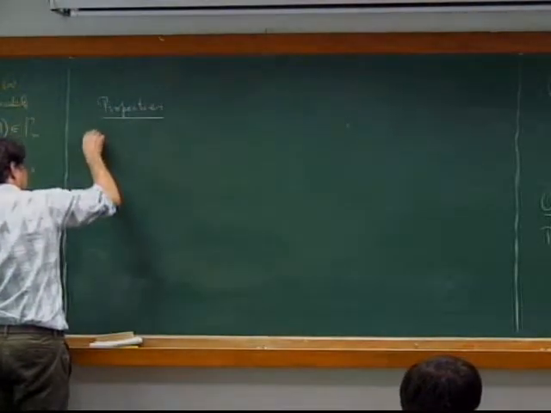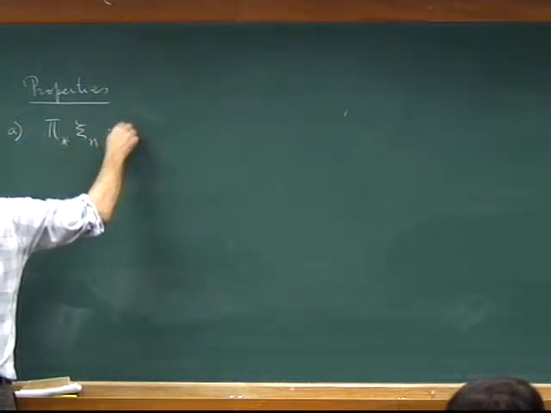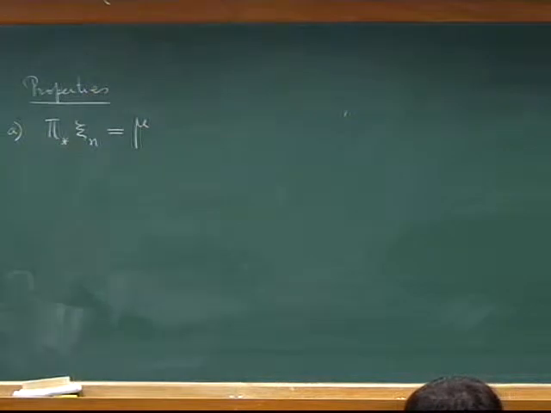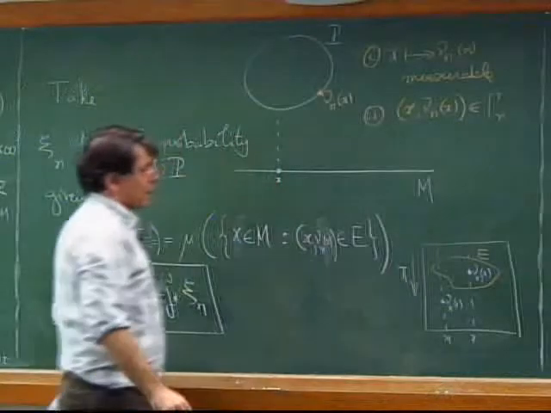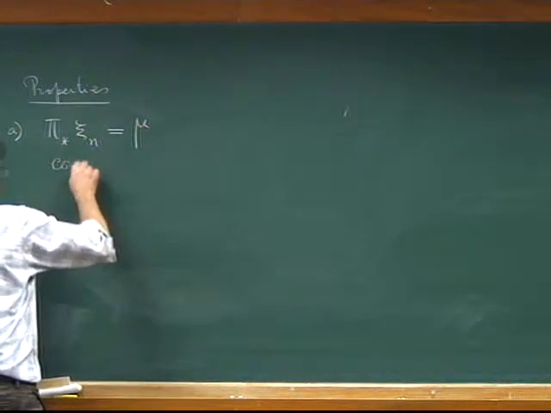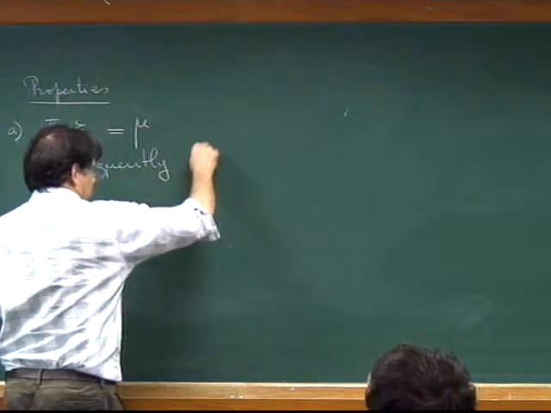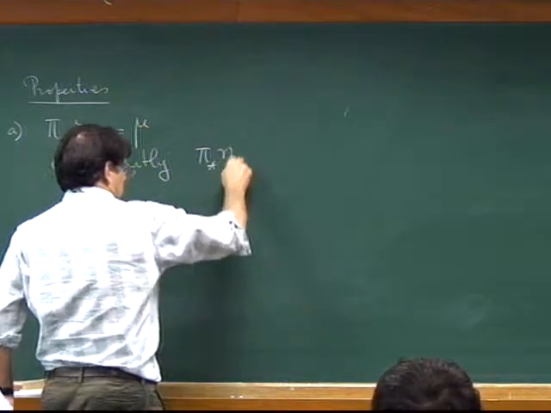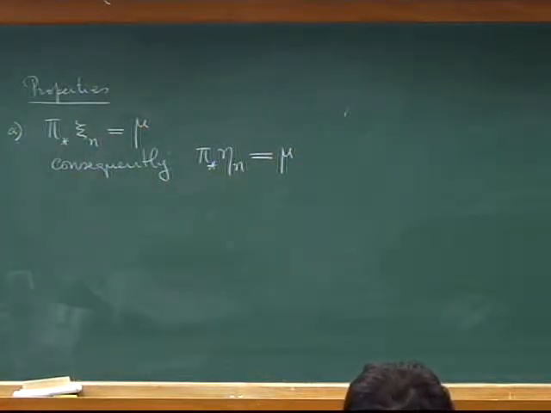First property is that if you project xi n to the first variable, this is projection pi, you get mu. And then as a consequence, if you project that average, you also get mu. It's one important property.